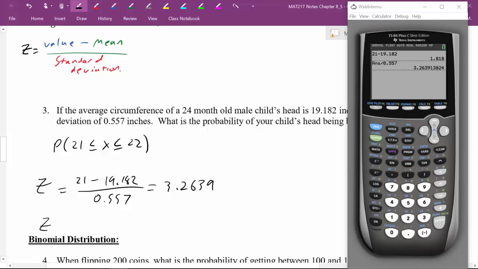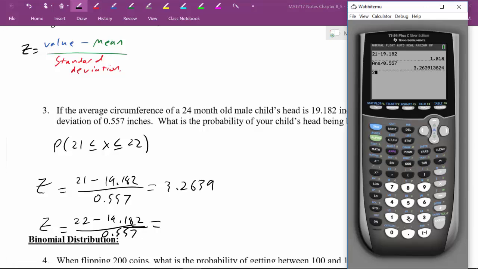Okay, then we need the other z-score. We need the upper bound, which would be 22 minus 19.182, divided by the same standard deviation, because that does not change.